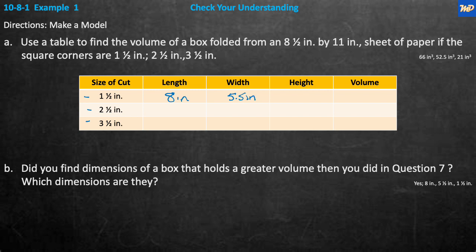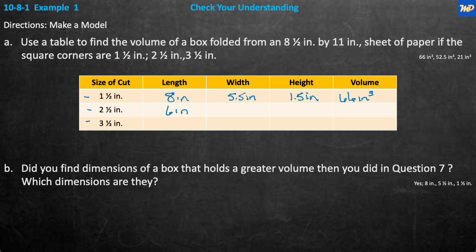And the height is going to be 1.5 inches. And the volume is going to be, if we multiply this up, we're going to get 66 inches cubed. Okay? Now, if we do the 2.5, that's 5 inches. So the length is 11 minus 5 is 6 inches.